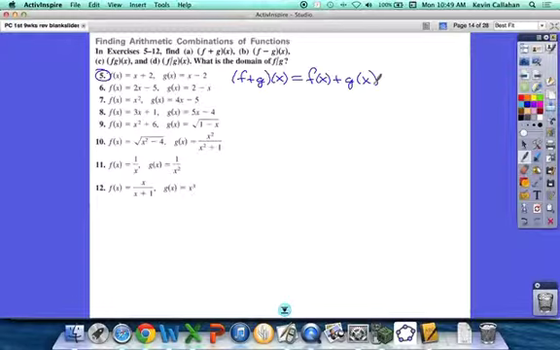You substitute for the f of x and the g of x, right? So put in the place of the f of x, put x plus 2. In the place of the g of x, put x minus 2, and then simplify, right? The 2's cancel, you get 2x.